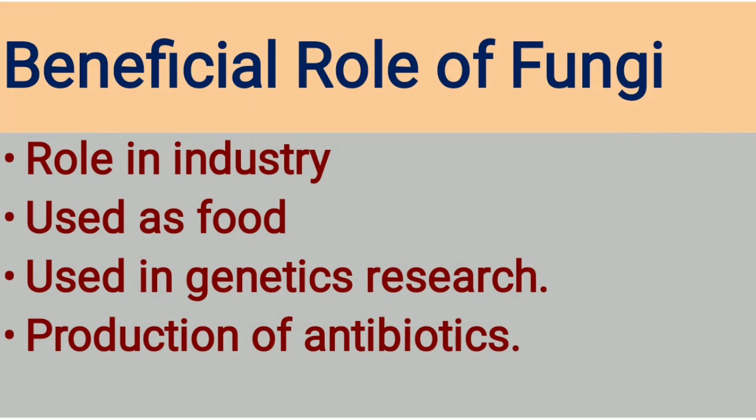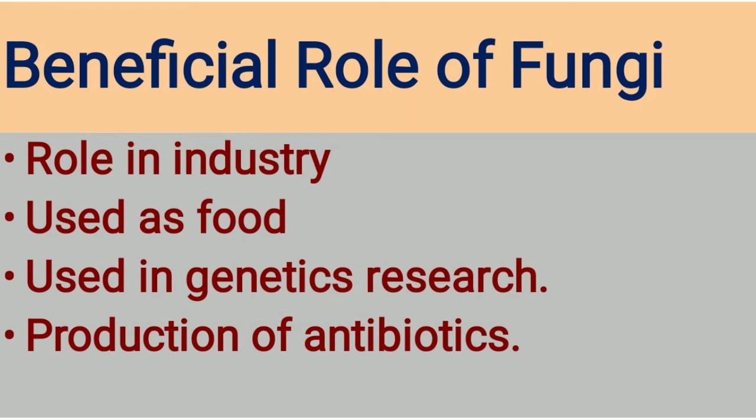The next is the use as food. As food, some species of fungus such as Morchella, truffles, and some forms of mushrooms are a very good source of nutrients and vitamins for our body, or for other animals. So this is also of great importance as food.